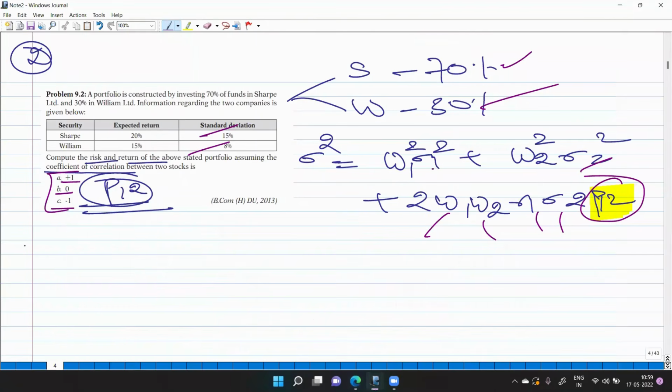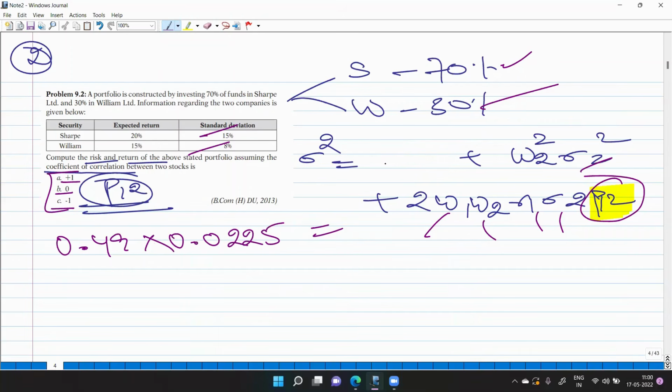So let's solve this quickly. What will it come to? 0.7 into 0.7 comes out to be 0.49 into 0.15 into 0.15, that is 0.0225. Let's multiply this now with 0.49. So the whole value coming here is 0.011025.